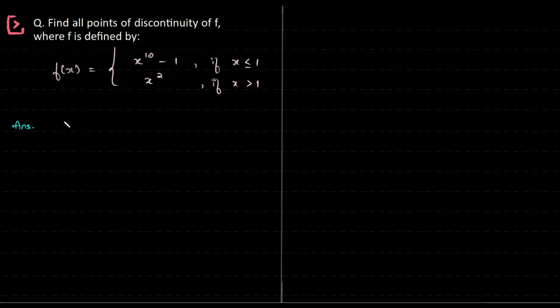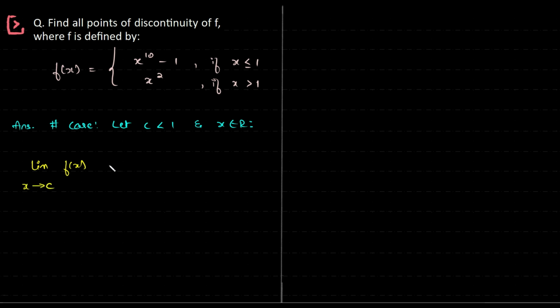Now, how do you put it across? So we have three different cases. First is case 1: let c be less than 1 and c belong to R. So what can we tell with this? We can tell limit f of x as x tends towards c.